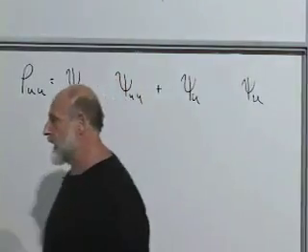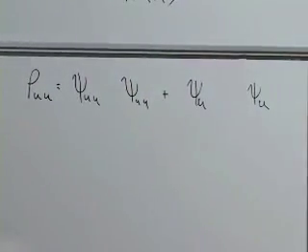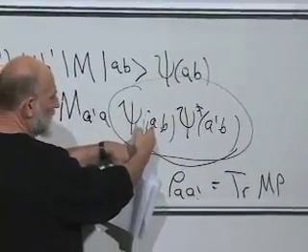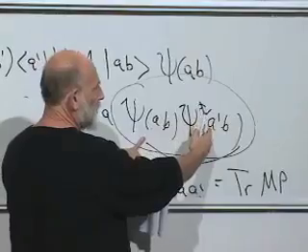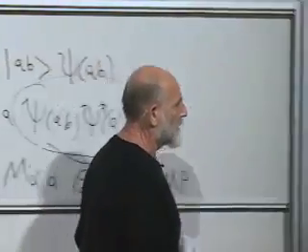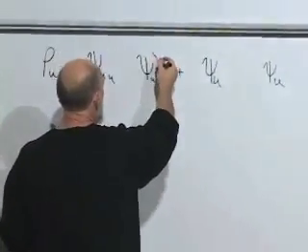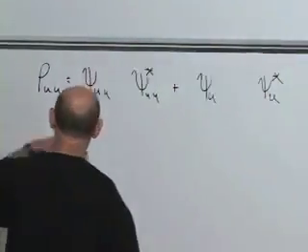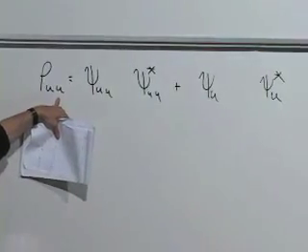All right, let's come back to here. We're calculating the A, A prime matrix element. So in one place we put a psi with an A, in the other place we put a psi star with an A prime. In this case, both A and A prime are up.